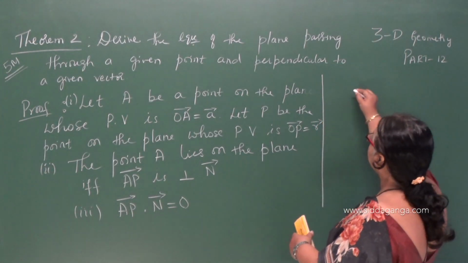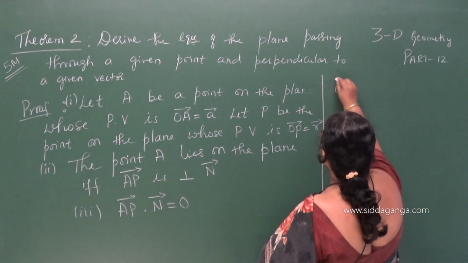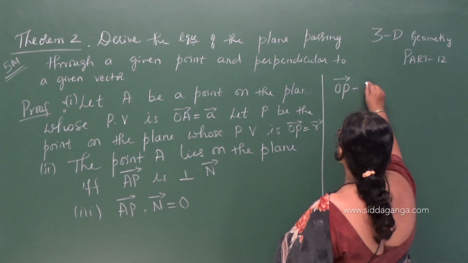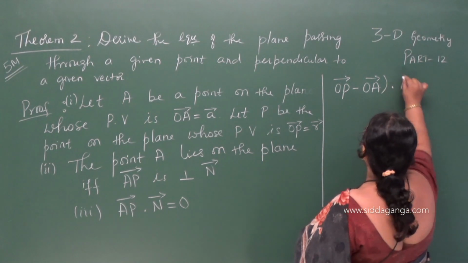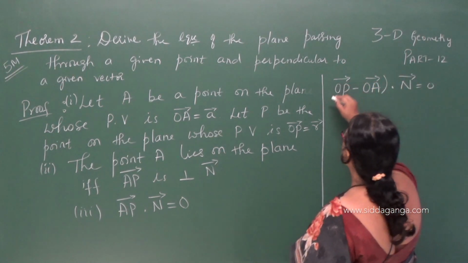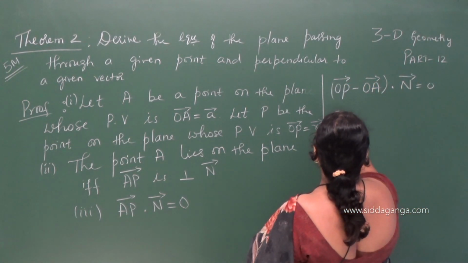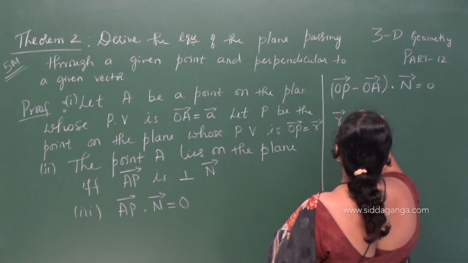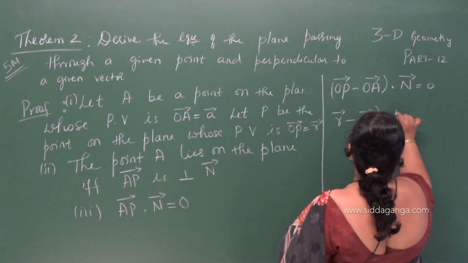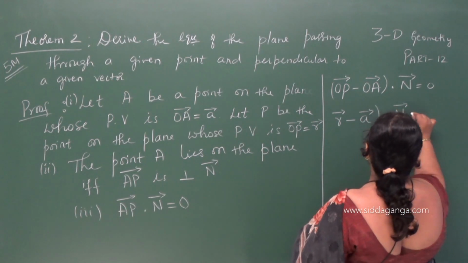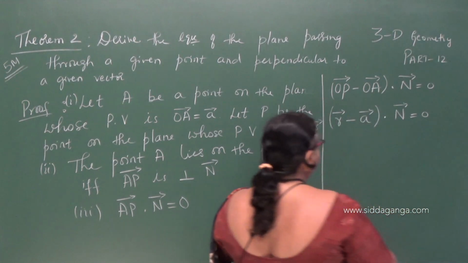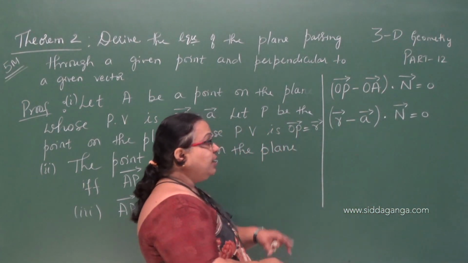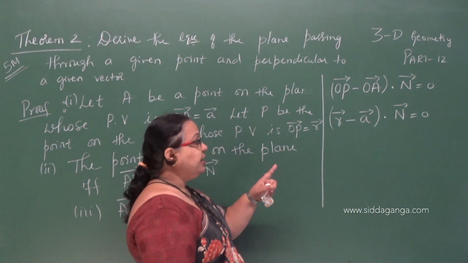If I write it in terms of position vectors, it is vector OP minus vector OA dot vector n equal to 0. So that is, vector OP is vector r, so vector r minus vector a dot vector n equal to 0. So this is the required equation of the plane in the vector form.